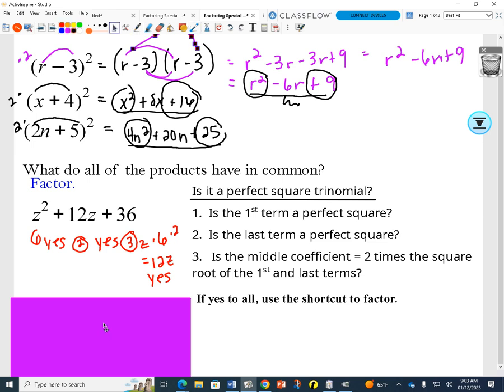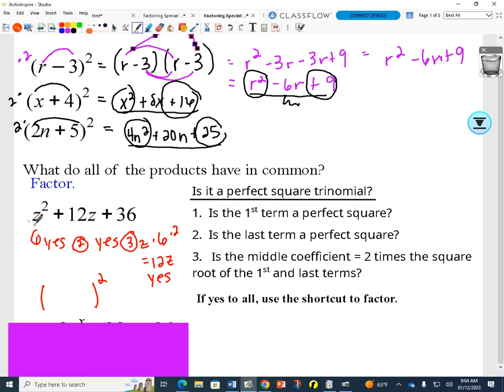So what is the shortcut? I'm going to show you and then we'll write the steps. So the shortcut to factor a perfect square trinomial means we're going to have one binomial squared. So we're going to give ourselves that blank binomial raised to the second power. We're going to take the square root of the first term and put it in the first spot.